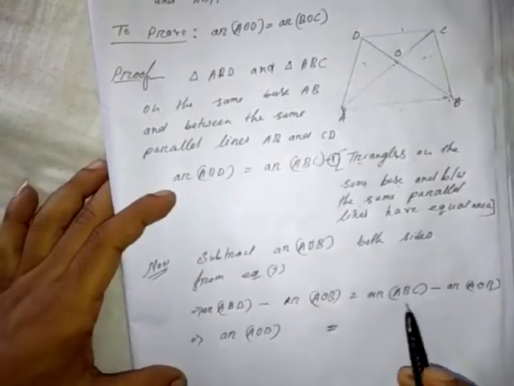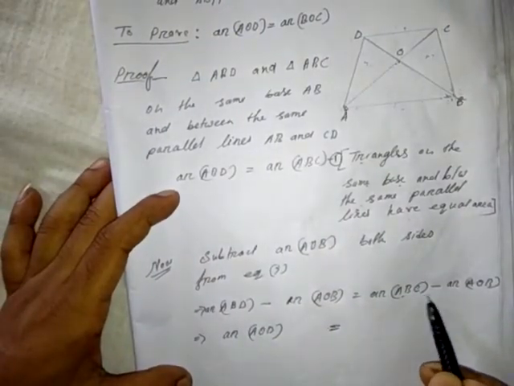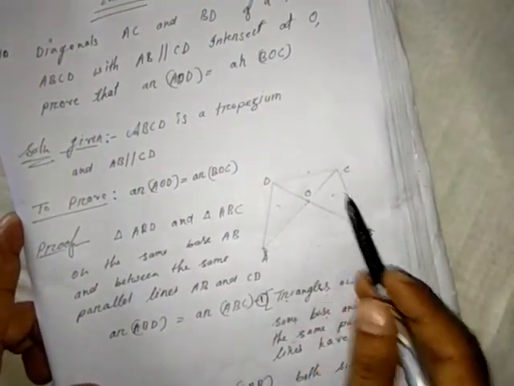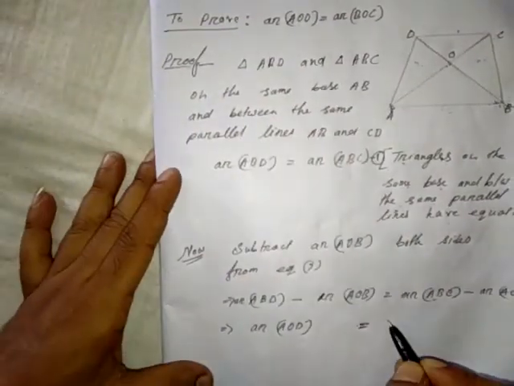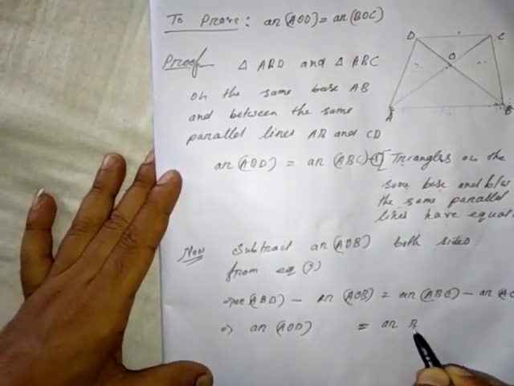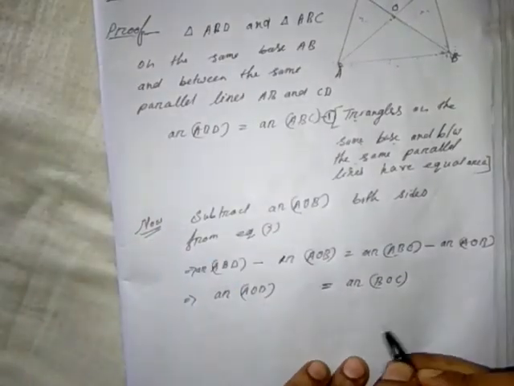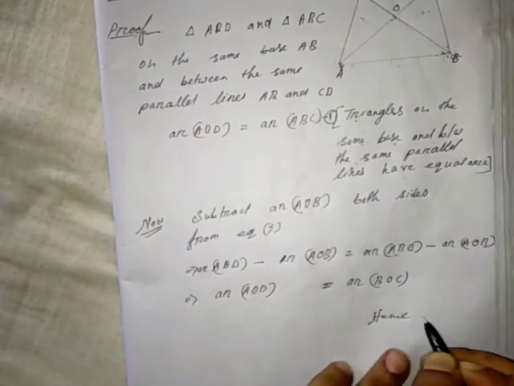Again, we subtract AOB from ABC, then we get the same portion BOC. From ABC you subtract this portion, and we get area BOC. This is what we needed to prove, so hence proved.